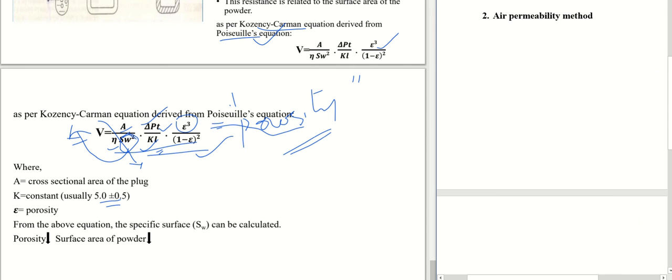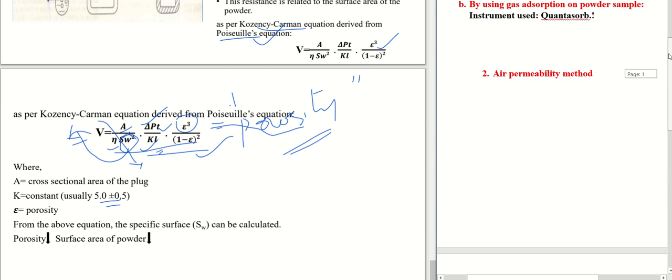So this is how we can determine the surface area of the given powder sample.